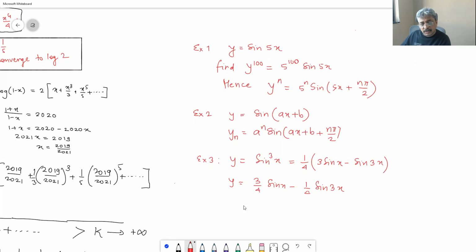Maybe the final answer is 1/4 outside the bracket, 3 constant out, sine x plus n pi by 2, that is the derivative of sine x, minus 1/4 taken out, sine 3x we have done just now, 3 raised to n sine 3x plus n pi by 2, that is your nth derivative of sine cube x.